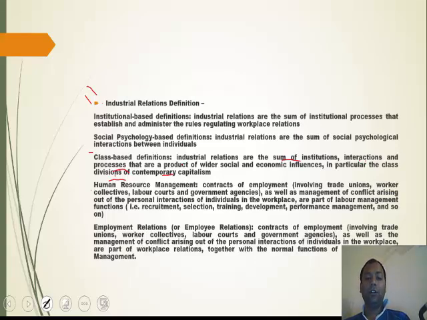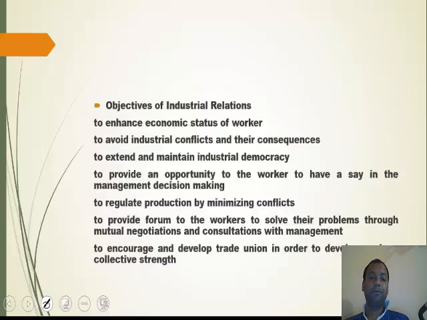Now employment relations or employee relations: contracts of employment involving trade unions, worker collectives, labor codes, and government agencies, as well as the management of conflict arising out of the personal interactions of individuals in the workplace, are part of workplace relations together with the normal functions of HRM.